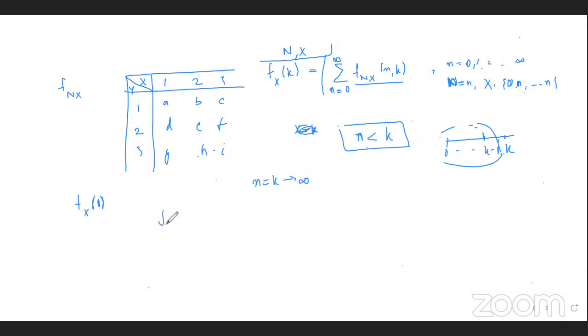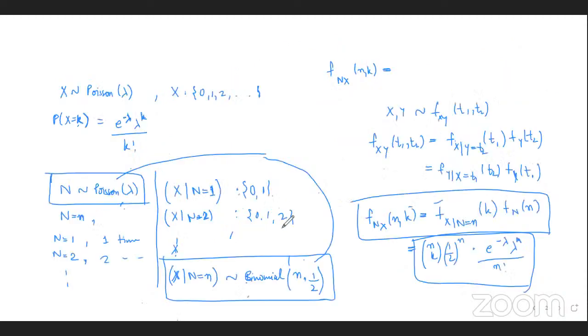Okay. So f_X of k, we will take the sum over n equals k to infinity of f_{N,X}(n, k). And in the previous slide, we have already found the value of f_{N,X}(n, k).